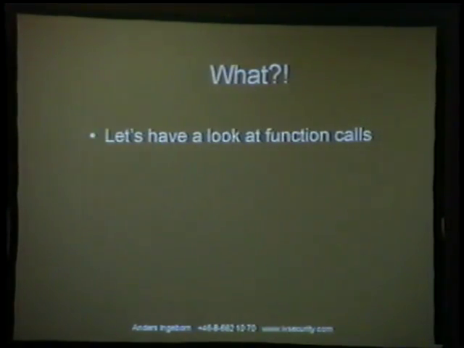For those of you that might not have got it right away, let's have a look at function calls. They look like this. Let's say main wants to call a function in a dynamically loaded library. Then we have a call instruction followed by a jump instruction into the DLL.